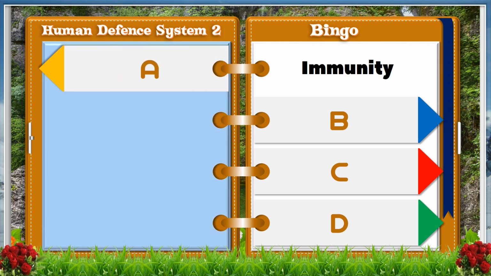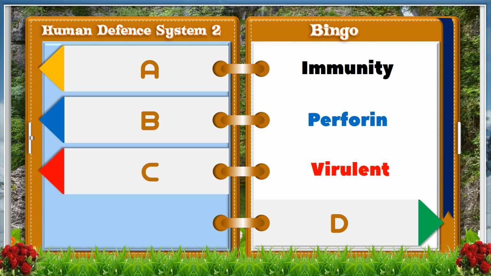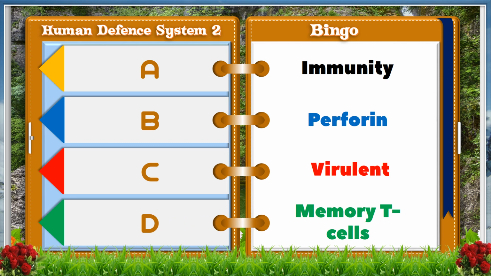A. Immunity. B. Pathogen. C. Virulent. D. Memory T cells. And the answer is D, memory T cells.